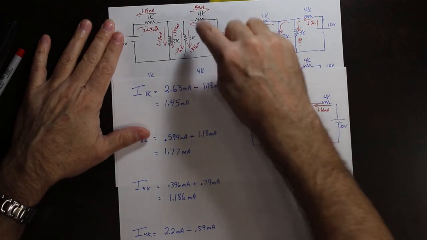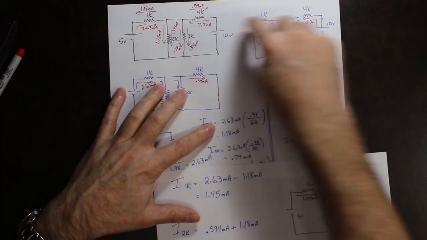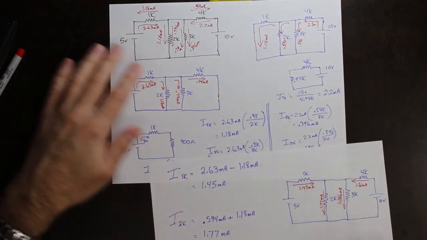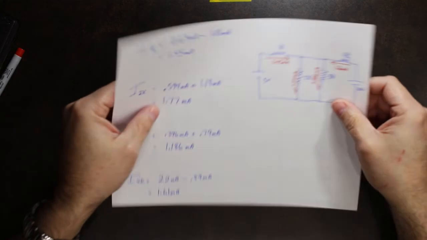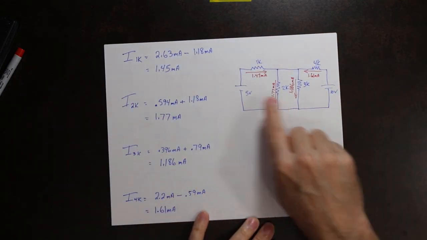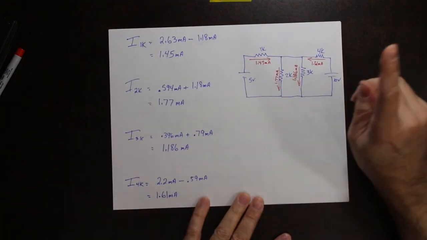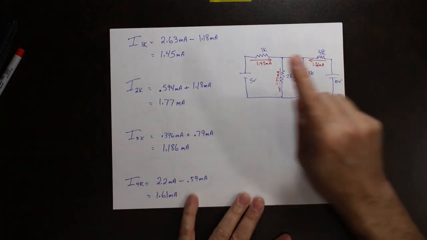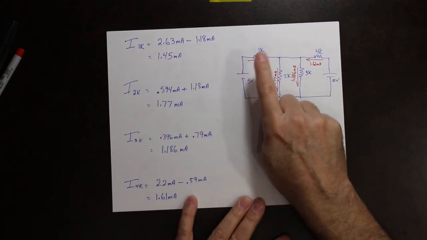So starting from the original, we work out one supply, work out the second supply, and then superimpose them back onto the original circuit with the math. Again, you have to remember there are two parts to each one of these. One is the magnitude of the current. The second is the direction.